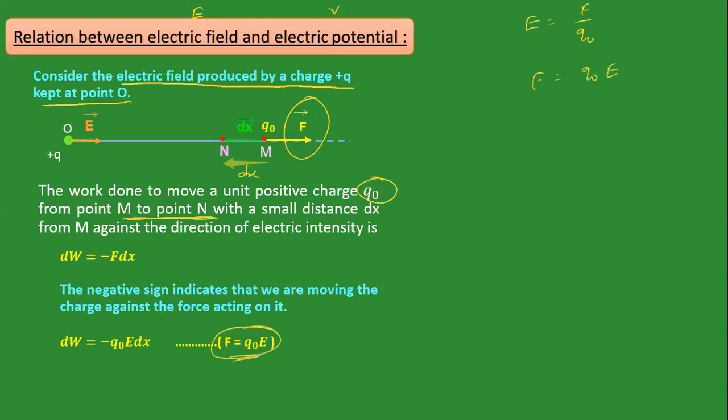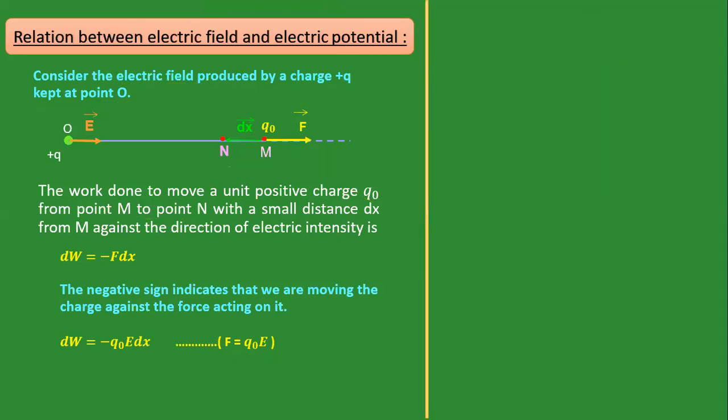So by this formula, we get work done is equal to minus Q0 E into dx. So we shift this Q0 to the left hand side. So dW by Q0 is equal to minus E into dx. These are the mathematical steps. I hope you understand.